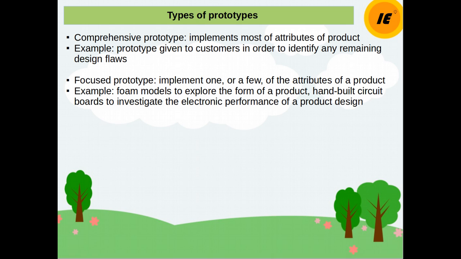Examples of focused prototypes include foam models, I don't know exactly what a foam model is, but maybe using foam to create a physical version of the product, anyway, to explore the form of a product, and hand-built circuit boards to investigate the electronic performance of a product design. A common practice is to use two or more focused prototypes together to investigate the overall performance of a product.